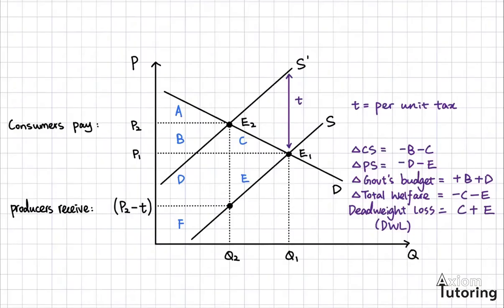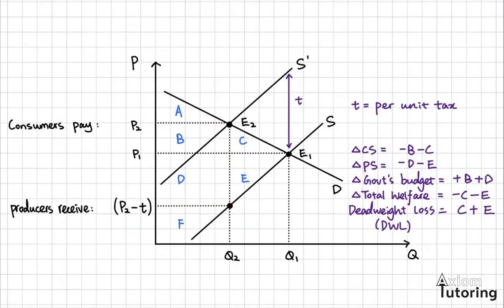Government tax revenue from the indirect tax can be calculated as the tax per unit T multiplied by the after-tax transaction quantity Q2. This area can be represented as B plus D, the rectangular area that I just highlighted.